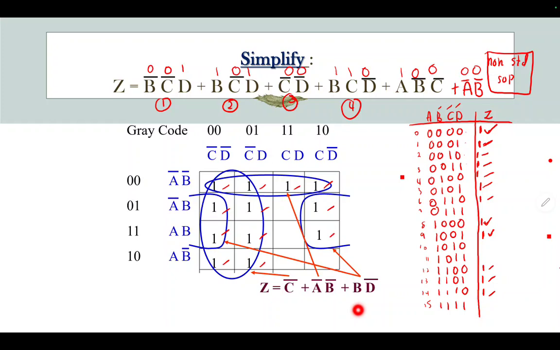So you complete placing the 1s in the K map, and then you can do grouping.